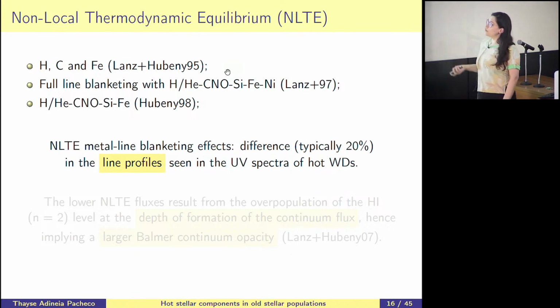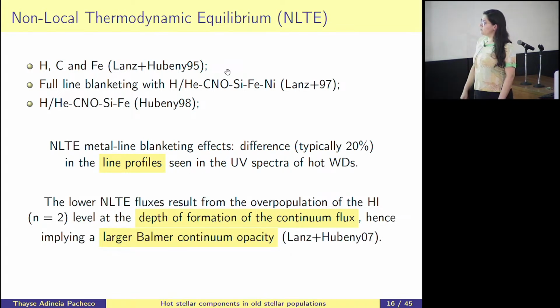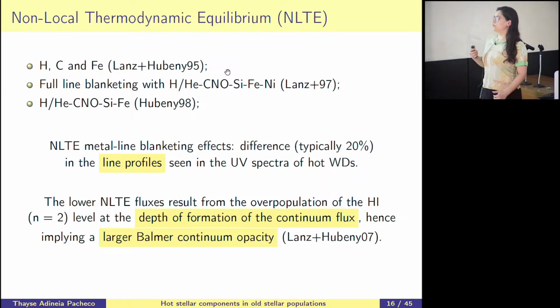So non-LTE metal line blanketing effects can be seen as a difference in the line profiles in the ultraviolet spectra of hot white dwarfs. And also the lower non-LTE fluxes result from the overpopulation of the hydrogen level at the depth of formation of the continuum flux, hence implying a larger Balmer continuum opacity.